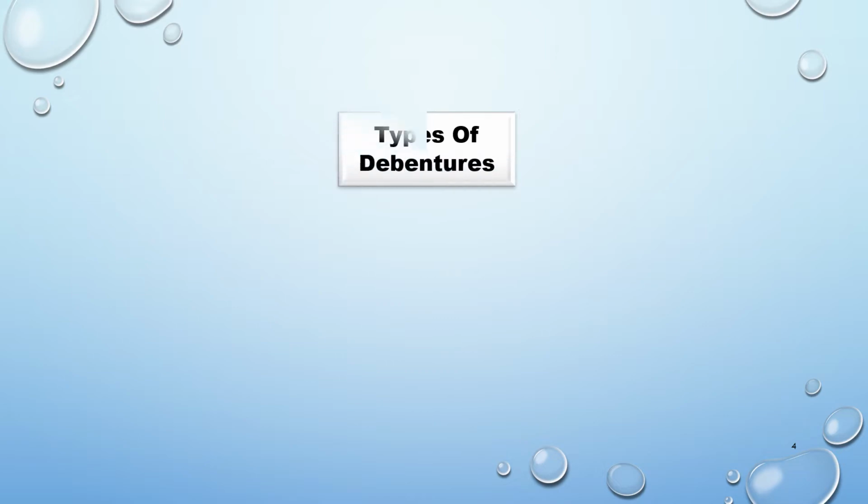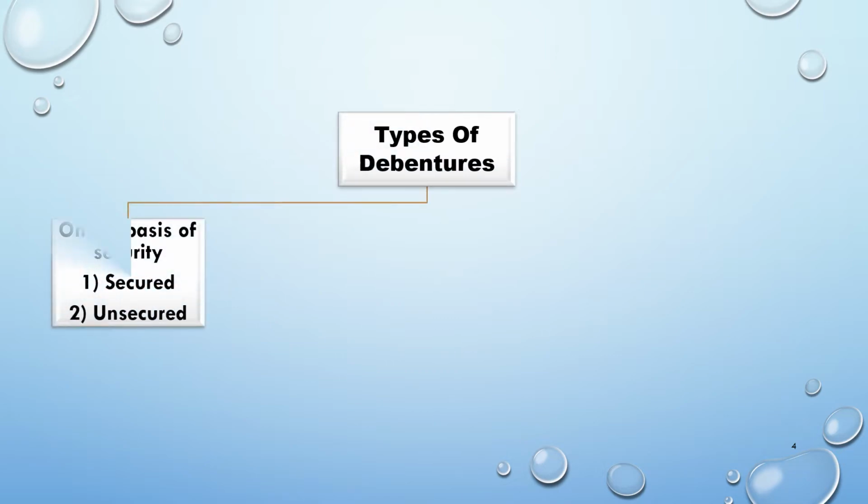Let us now move towards types of debentures. There are 4 categories of debentures and 8 types of debentures, which means that each category consists of 2 types of debentures. The first category is on the basis of security. Therein we have 2 debentures, that is secured and unsecured debentures.